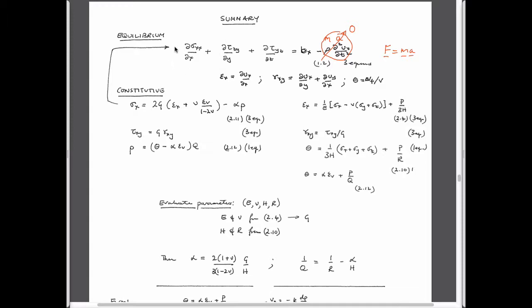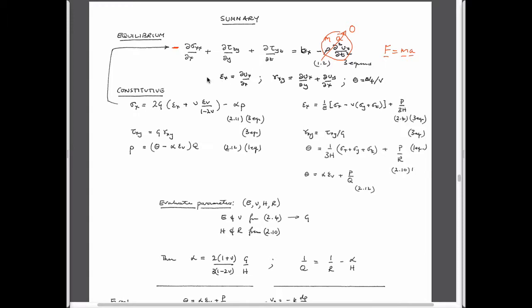So conservation of momentum is this expression here, F equals ma. Continuity means that we actually satisfy it automatically, so we don't need to show that displacements are continuous and therefore strains are always finite, but that's really what continuity says.